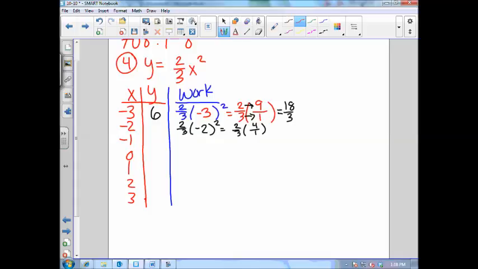Okay, so we can see that we do 2 times 4, which is 8, and 3 times 1, which is 3. Now, unfortunately, this one doesn't divide as nicely as the last one. How many 3s are there in 8? 2, remainder what? 2, remainder 2 out of 3. So it's 2 2/3.